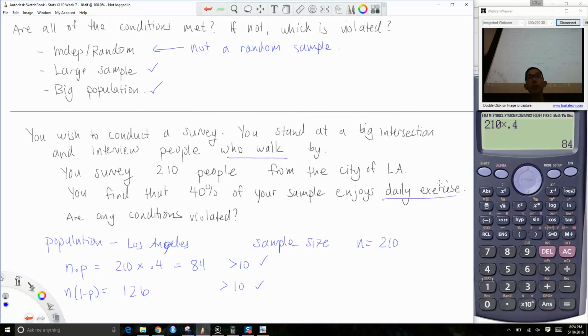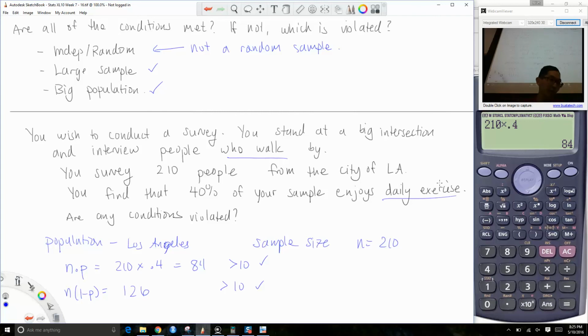Would it be fair to say for random, the second you put a parameter on it, like you say Los Angeles, it's no longer random? It could be, if the population you're interested in is Los Angeles, then that's fine, okay? Then you're only going to be selecting from Los Angeles.